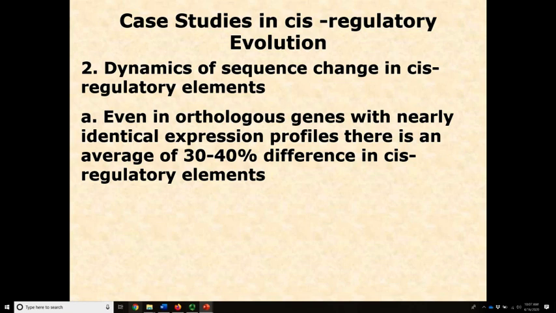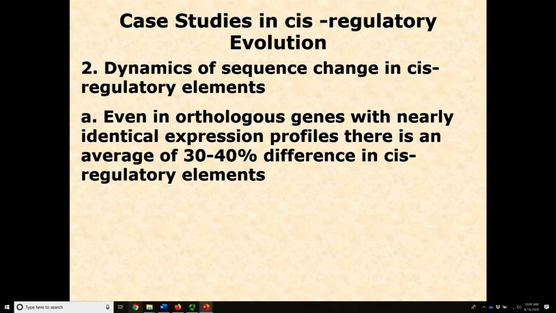So on average, about 30 to 40% of the regulatory elements have changed, either a little bit or sometimes a lot. And so on average, between these species where we've got good, complete data sets, we see still a fairly significant amount of conservation, much more than we would expect just by chance. And so there's obviously some things going on, but still it's a fairly wide level of divergence.